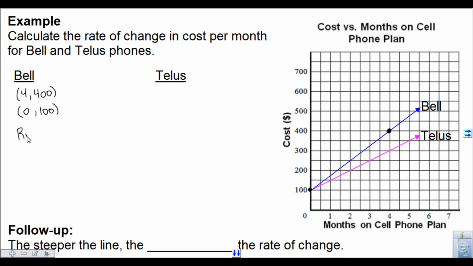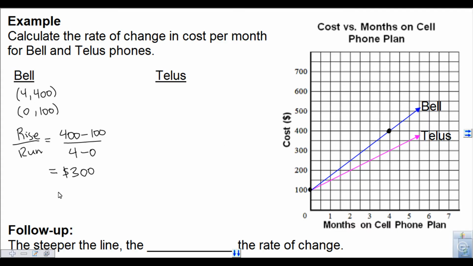And so the rise over run is, again, the difference in the y numbers over the difference in the x numbers. So it's just the last number of each point. So that's 400 minus 100 divided by 4 minus 0. Now, if we do that, that'll be 300. And the rise is dollars here.